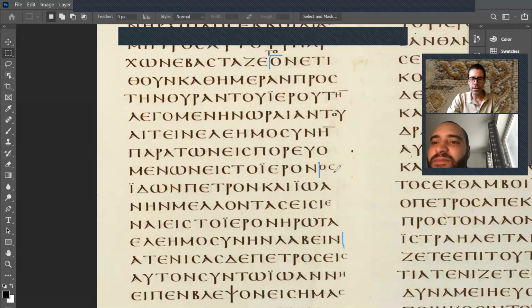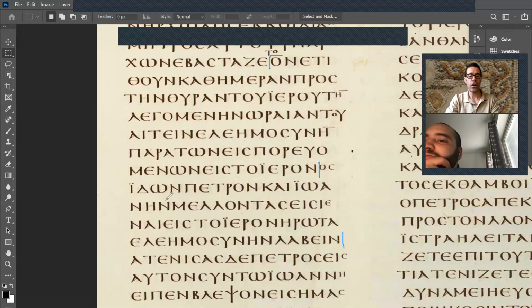So, okay, the relative pronoun hos, he, nominative masculine singular. Idon, saw, aorist participle, so he saw, or who saw Peter and John. They're masculine names, singular in the accusative case because he saw them.